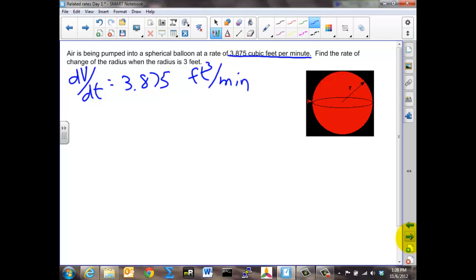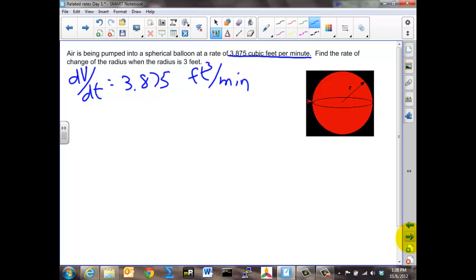Now, tell me some ways you know that it's the volume. Cubic feet. We measure volume in cubic units. Anything else that tells you it's volume? Air is being pumped into a spherical balloon, so air is going in.